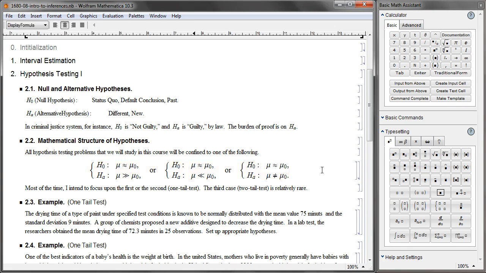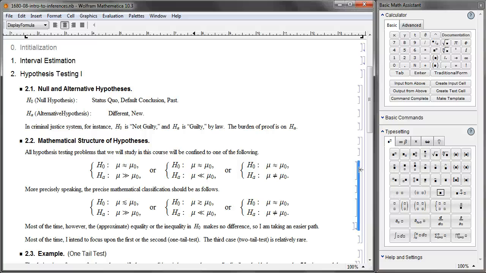Okay, there may be some mathematical purist sitting here watching this video. For those people, let me be a little bit more precise. Mu is greater than or equal to the traditional value mu naught, or actually significantly bigger than that. So the alternative hypothesis which complements it will be actually not just equal or approximately equal, but less than or equal approximately.